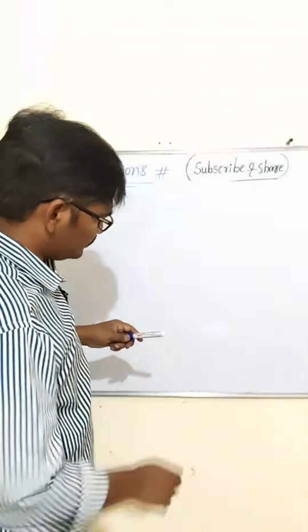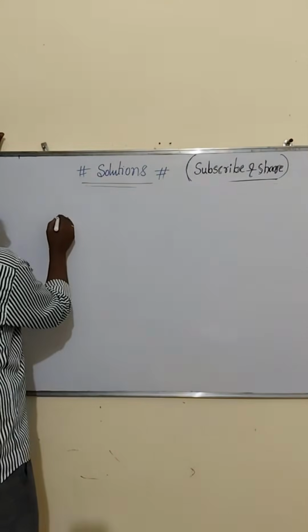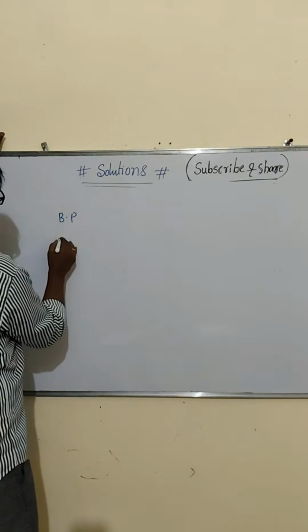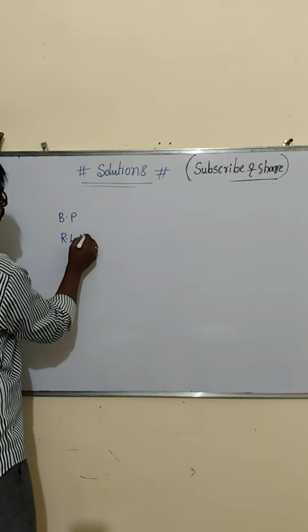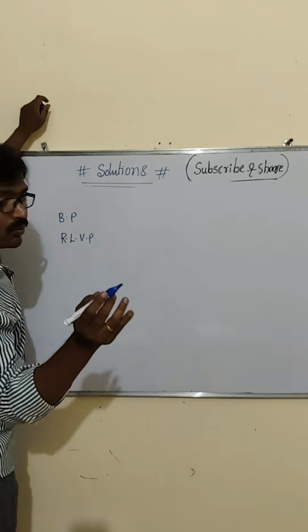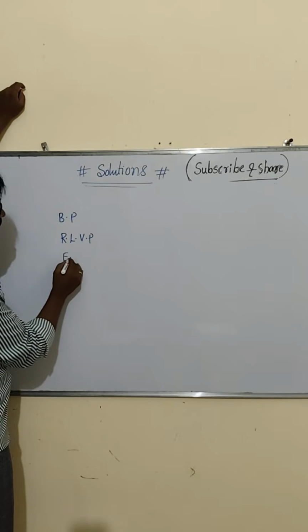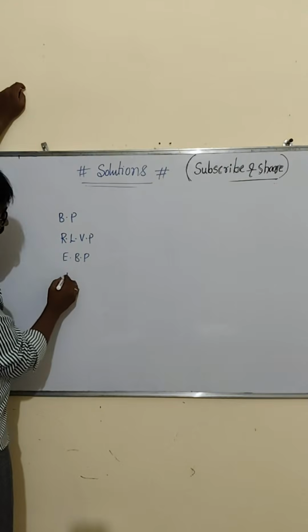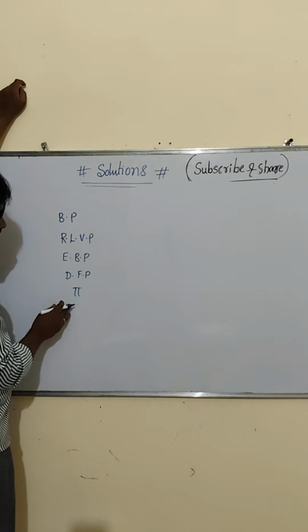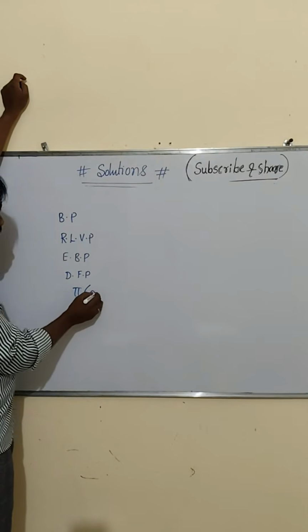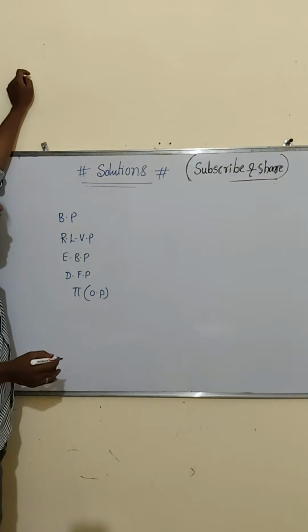So first one, remember boiling point, relative lowering of vapor pressure, elevation in the boiling point, depression in the freezing point, then osmotic pressure, OP.